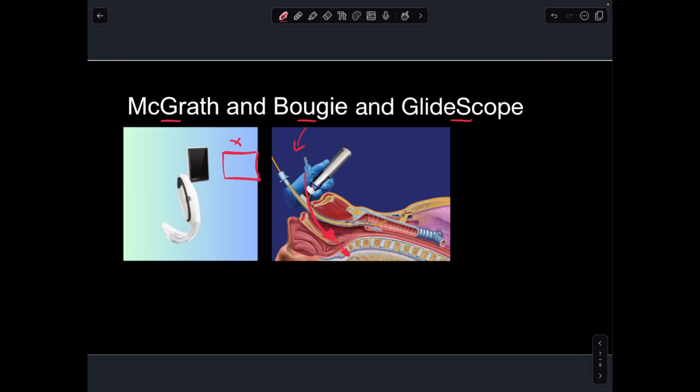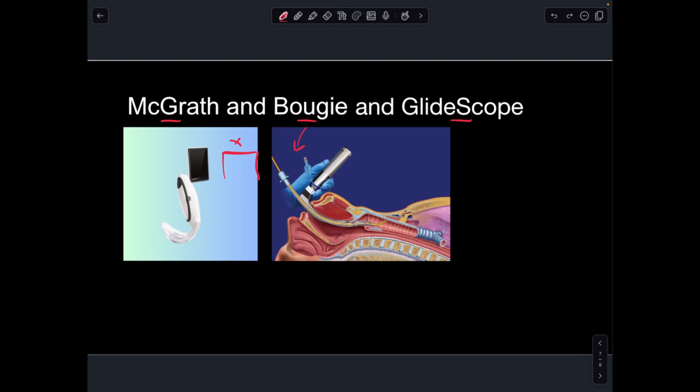So you want to watch the tip as far as you can. Don't apply pressure if you're meeting too much resistance. And then find the tip on the video laryngoscopy screen, and you can direct it into the trachea from there.